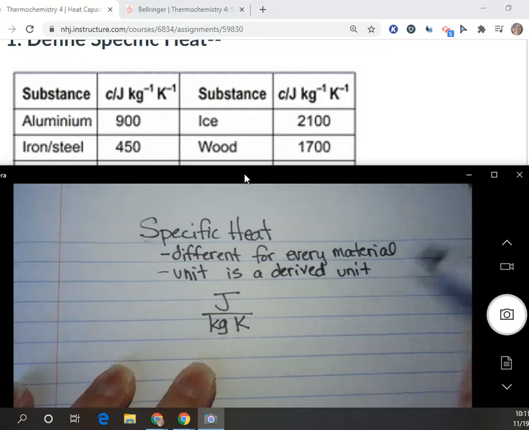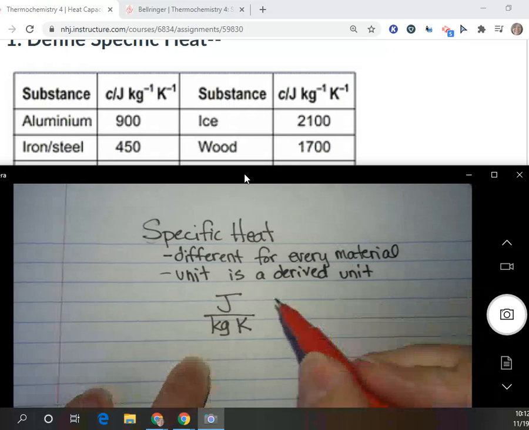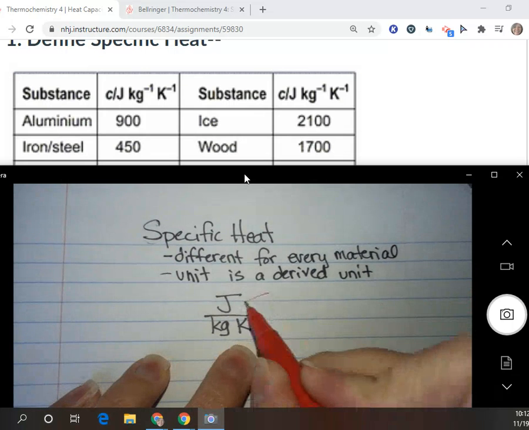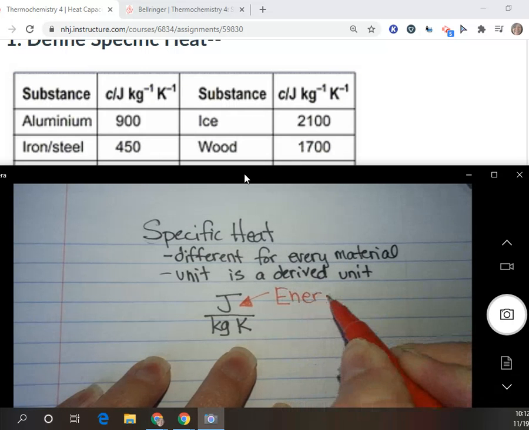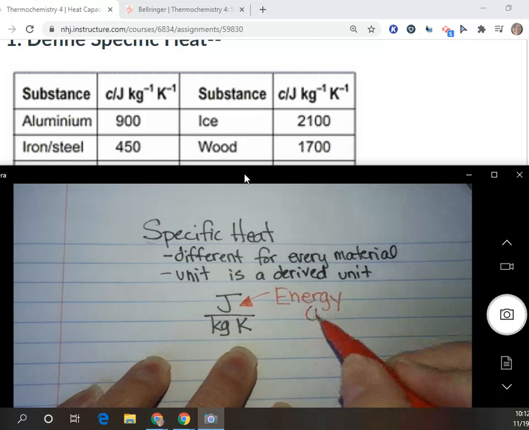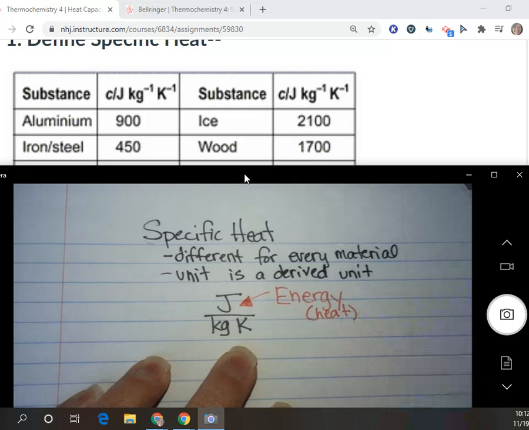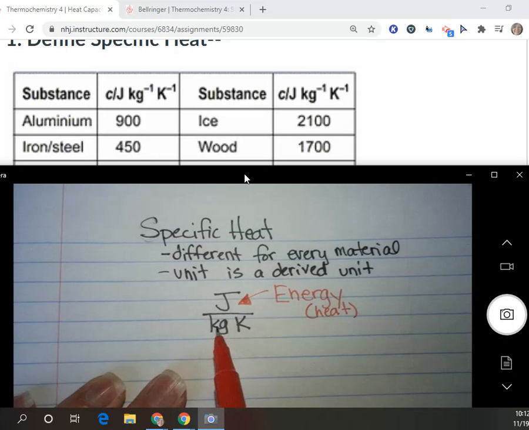All right, so let's digest that. What does a joule measure? A joule measures energy. In this case, it'll be heat. We're going to measure the heat. What does kilogram measure?